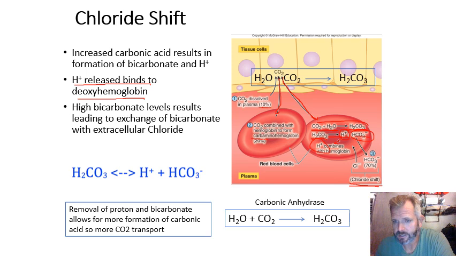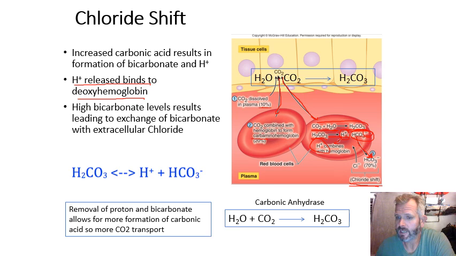As we continually convert to bicarbonate, the bicarbonate levels in the red blood cells get high. High bicarbonate here, lower bicarbonate outside the cell, so bicarbonate is going to leave. But as it leaves, it takes its negative charge with it, making the environment positive.